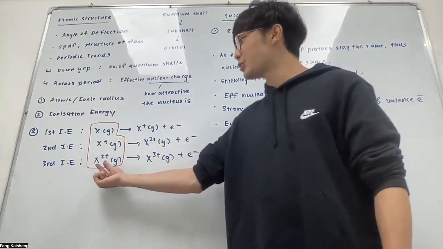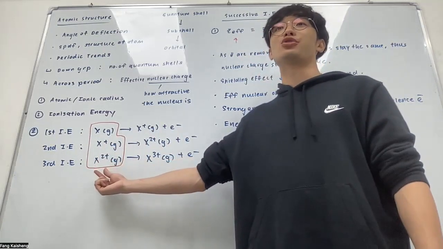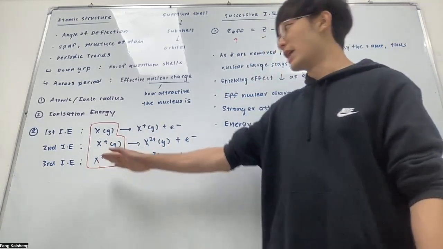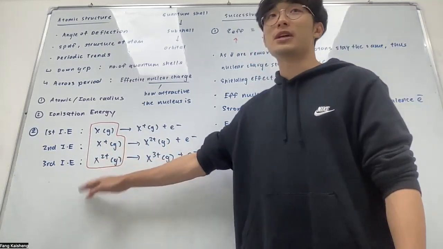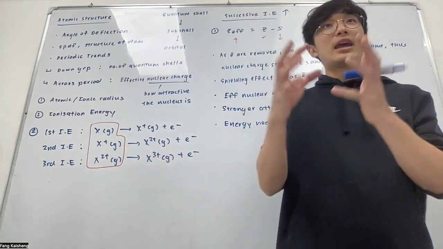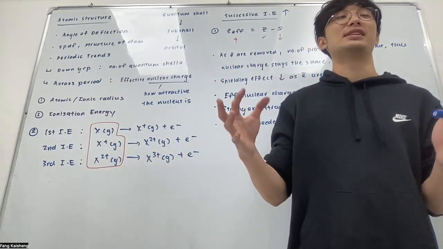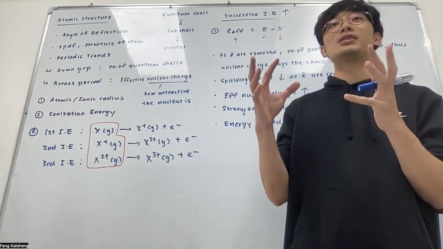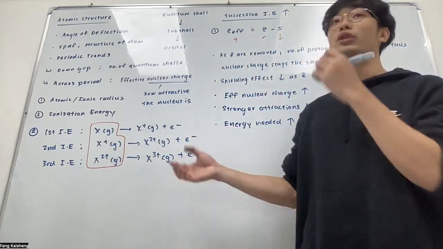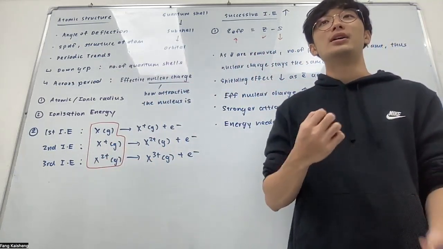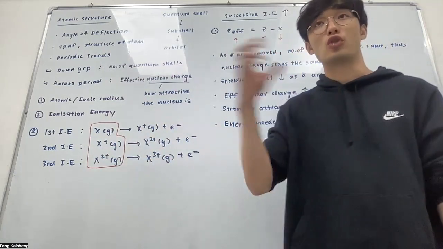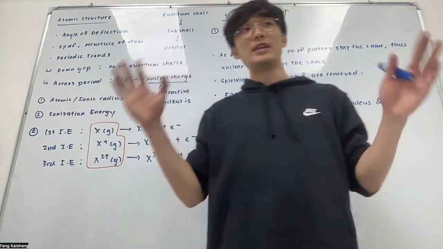And the next one is X2 plus. Are the attractions here stronger or weaker? It gets even stronger. As you keep going, it's 3 plus, 4 plus, 5 plus, right? You are getting stronger and stronger positive charges. That positive charge will be so strong that it will hold the electrons very, very tightly. So you need a lot of energy to overcome these stronger attractions. You can roughly see the idea first.